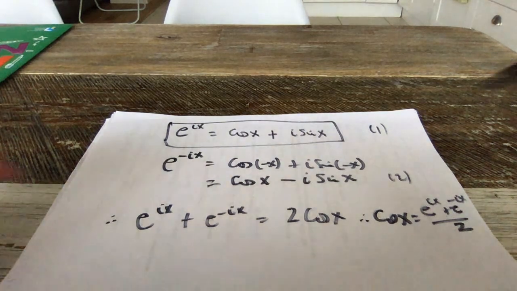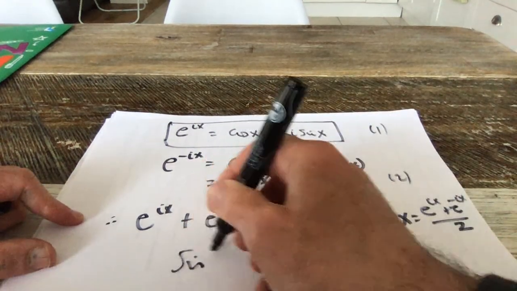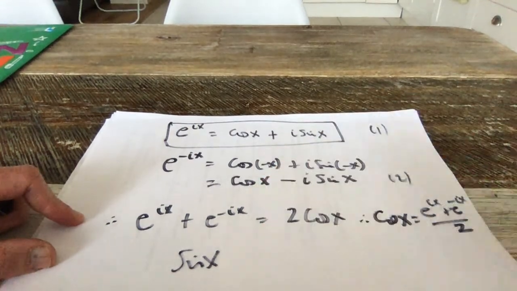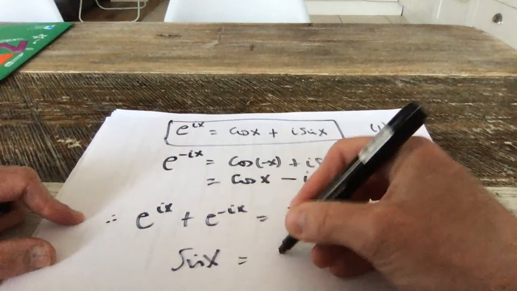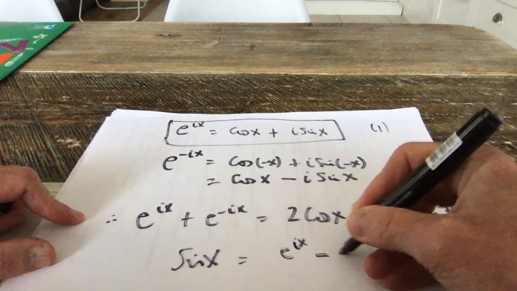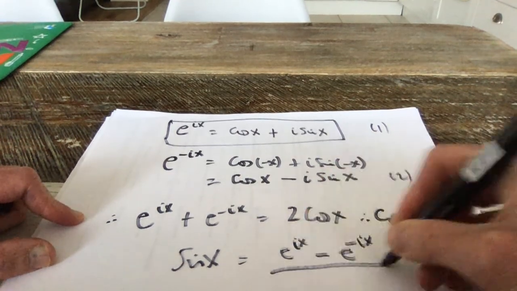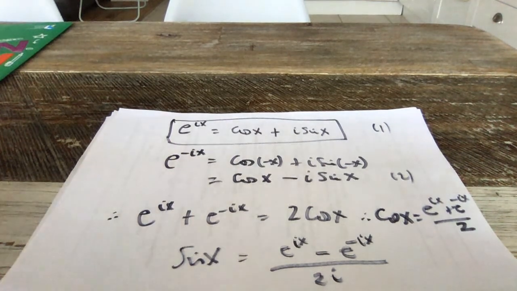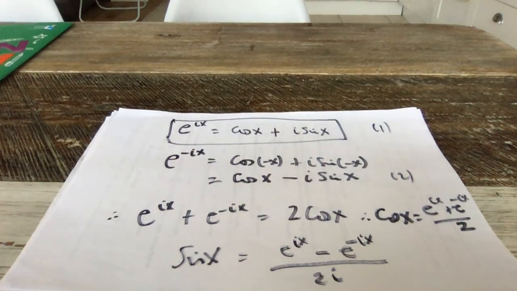Sine x is a little bit more complicated because you must subtract 1 and 2, and you've got an i term here, but sine x is exponential ix minus exponential minus ix over 2i. So you can represent cos and sine in terms of complex exponentials.